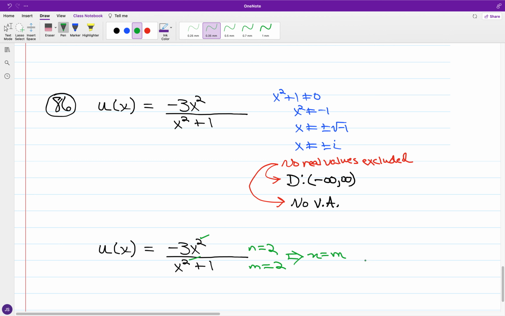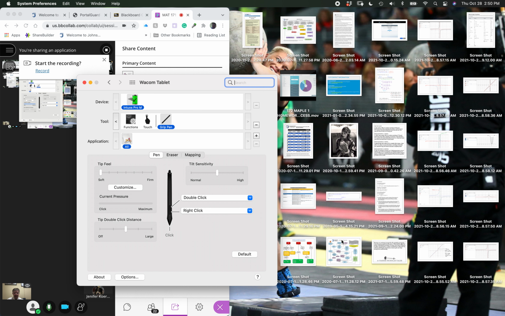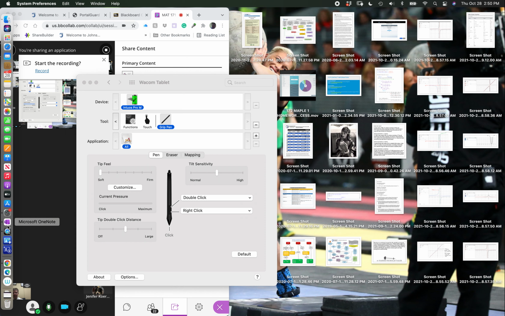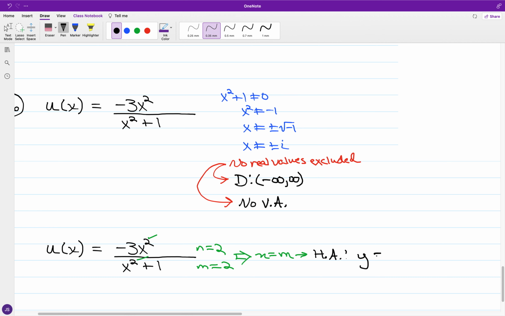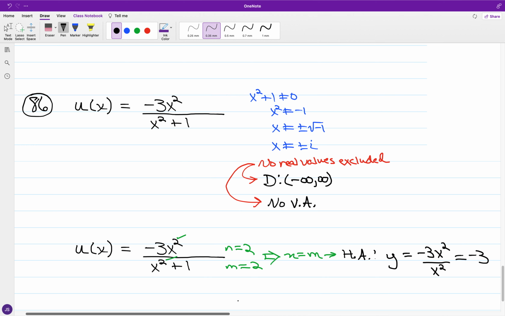Here we have that n is equal to m, and we're going to have a resulting horizontal asymptote by taking the ratio of the higher degree terms. So you have y is equal to negative 3x squared over x squared, and so y is equal to negative 3.